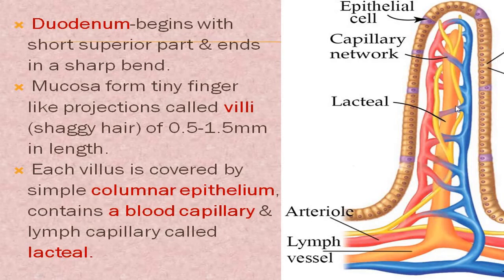Inside it have this network of capillaries, and it also have a lymphatic vessel. You people are familiar with the lymphatic system. It is another type of vascular system in our body. So this lymphatic vessel extends into the villus. This is called lacteal. Its function is to transport fat.